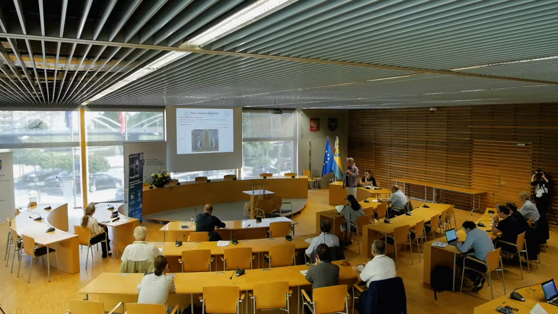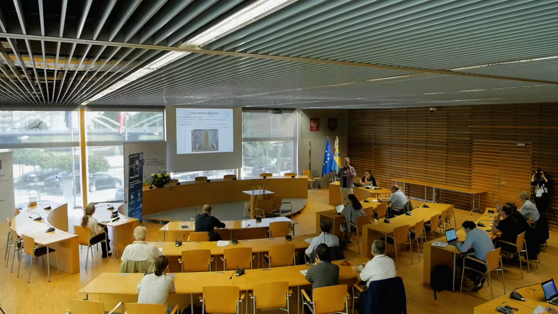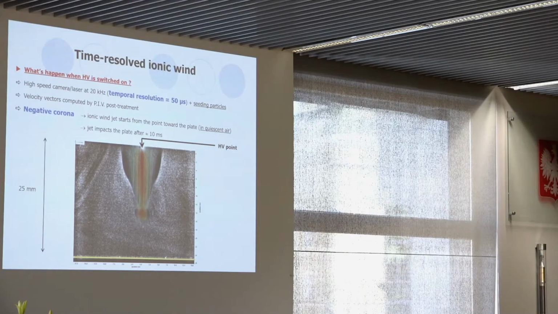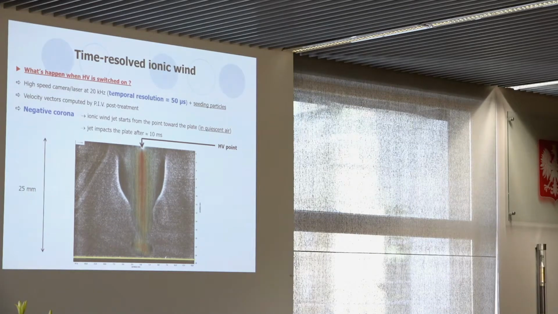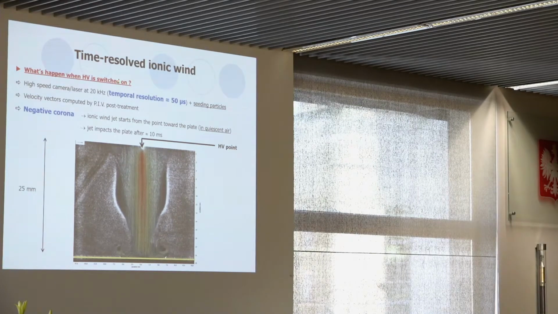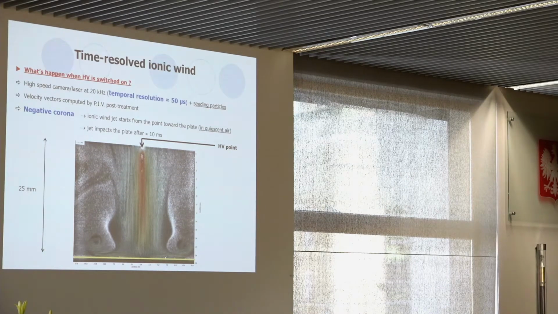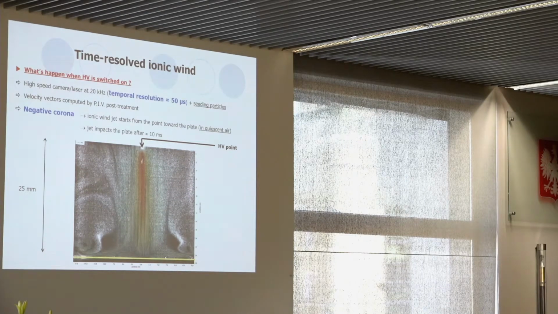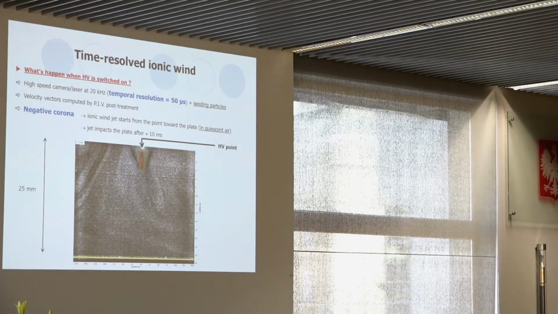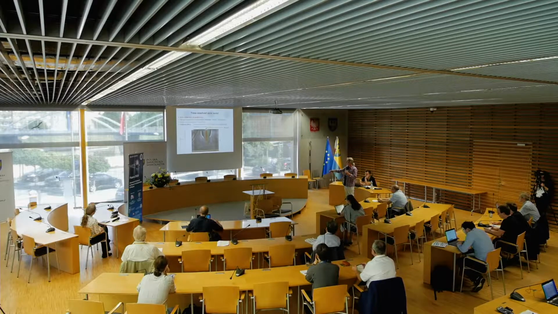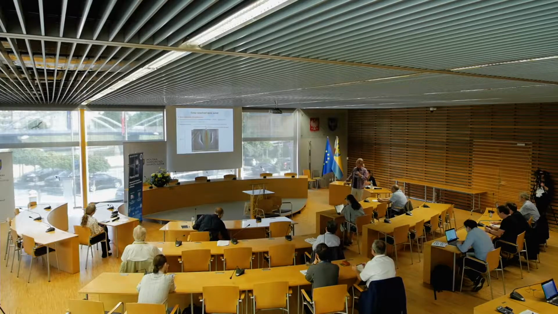We illuminate these seeding particles with a laser sheet, and we take video with a camera. In this case, we use a high-speed camera and a high-speed laser at 20 kilohertz, and we see the flow in a plane. So here it is a point, here it is the plate, and we are going to see what happens when we apply the high voltage.